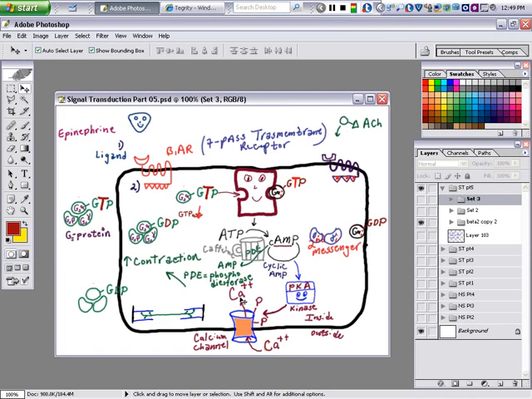Some pumps are going to be putting the calcium into the chamber, and some of the pumps are going to be putting the calcium back outside. But the calcium that goes into the chamber is going to make the contraction stronger. If epinephrine goes away, eventually that extra calcium is going to be pushed back outside, and then your heart rate is going to go back to normal.